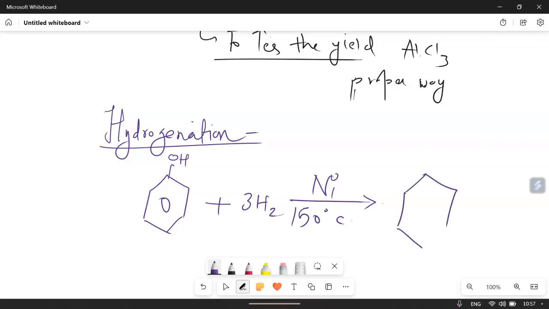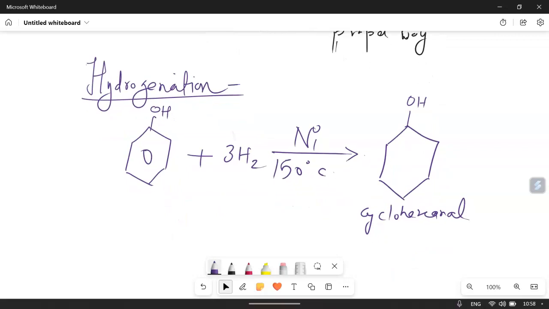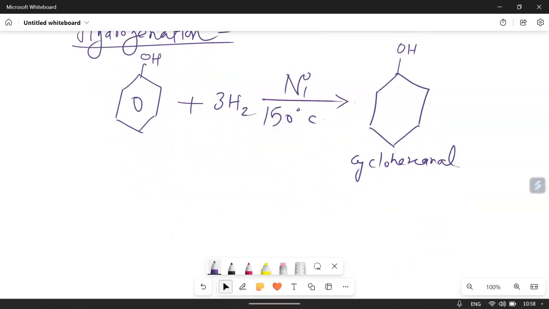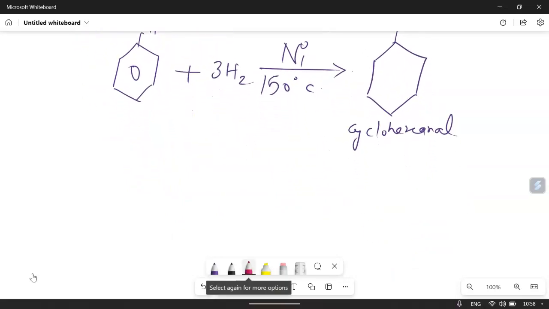It will form cyclohexanol. So we have done the hydrogenation to remove the benzene ring, and it's a very easy method.